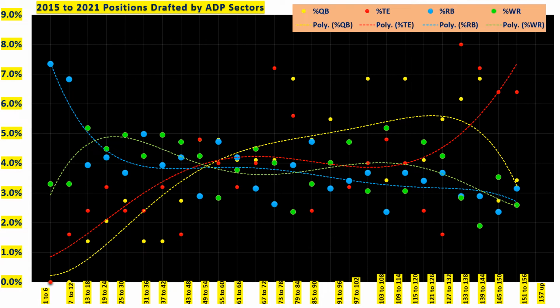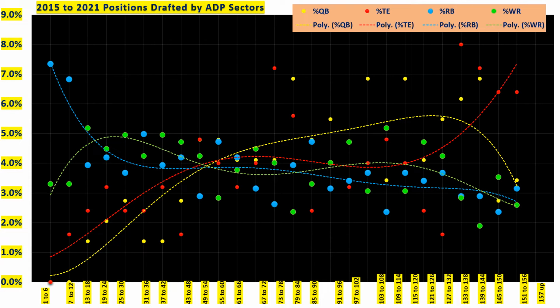And in the previous lesson, I showed a graph where I had figured out at each sector what were the overall percentages of each position taken at each slice of the ADP over the last 7 years.